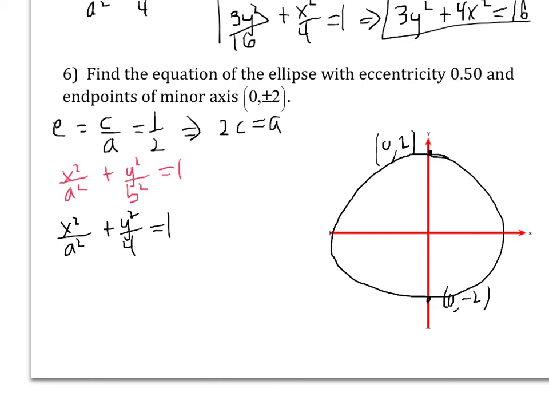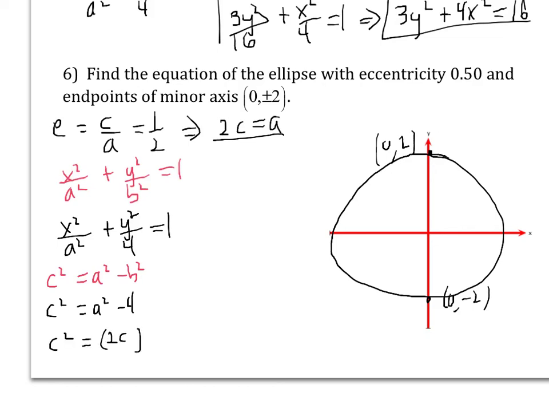All we have to do is find a. How do you do that? Well, we're going to use this fact, but what haven't we used yet? We haven't used the fact that c squared equals a squared minus b squared. So you could say c squared equals a squared minus 4. Isn't b equal 2? Furthermore, you could replace a with what?